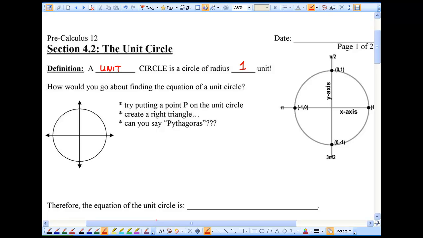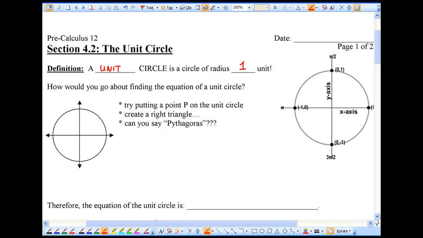So before I begin everything, I want to just talk about the equation of a circle. And my question to you is, how would I go about finding the equation of a unit circle? Well, remember, an equation describes where all the different points are along a certain graph.